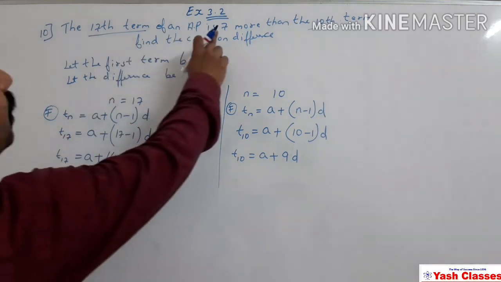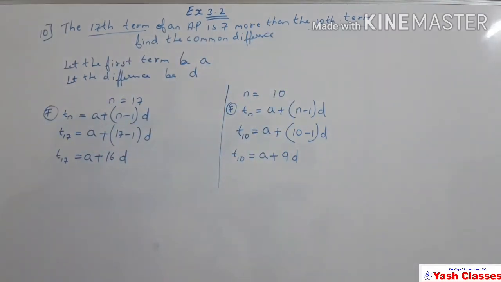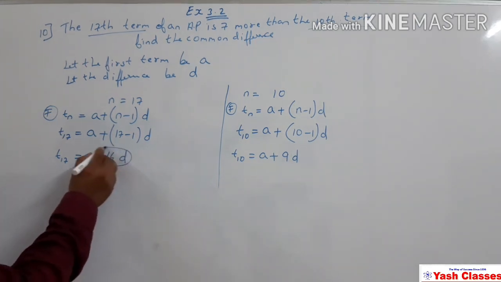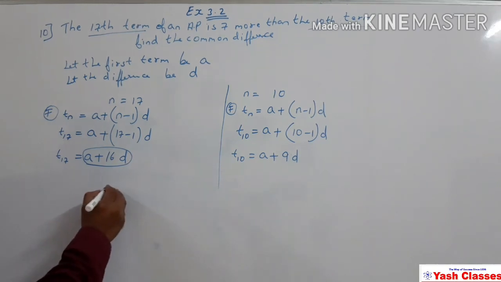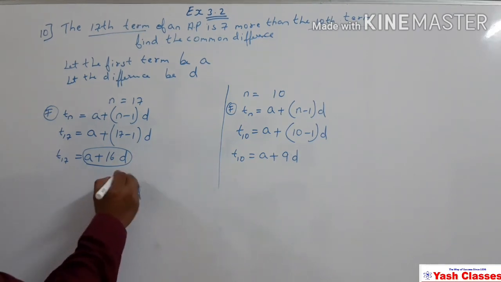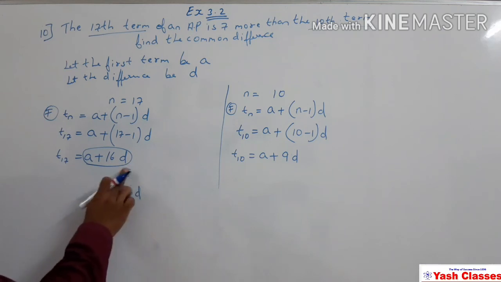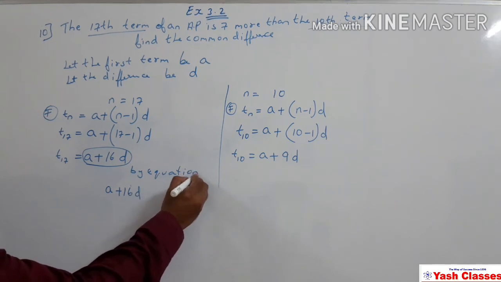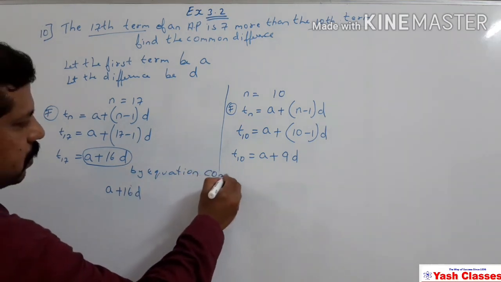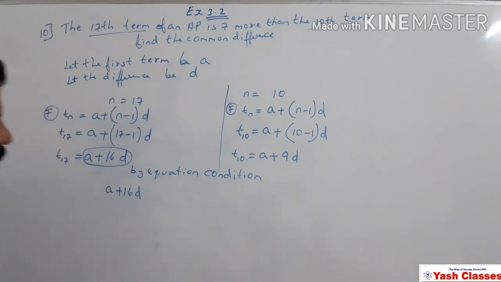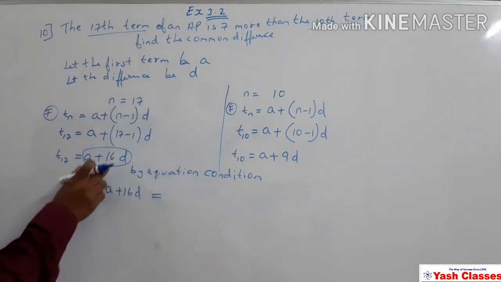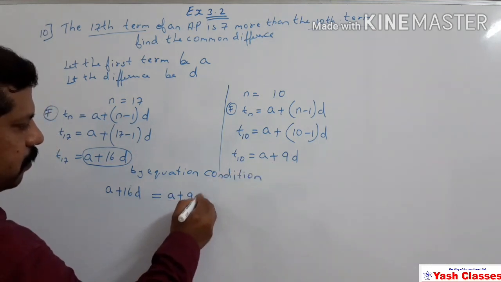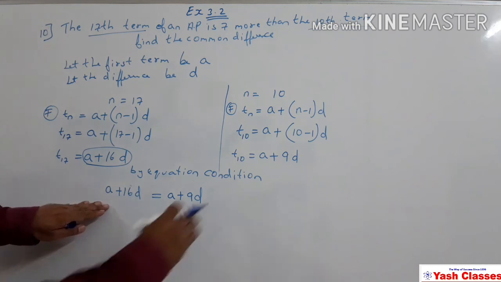The 17th term of AP is 7 more than the 10th term. Find the common difference. Here you have to find the common difference. Now you see here, this was the 17th term, A plus 16d, and this is your 10th term, A plus 9d.